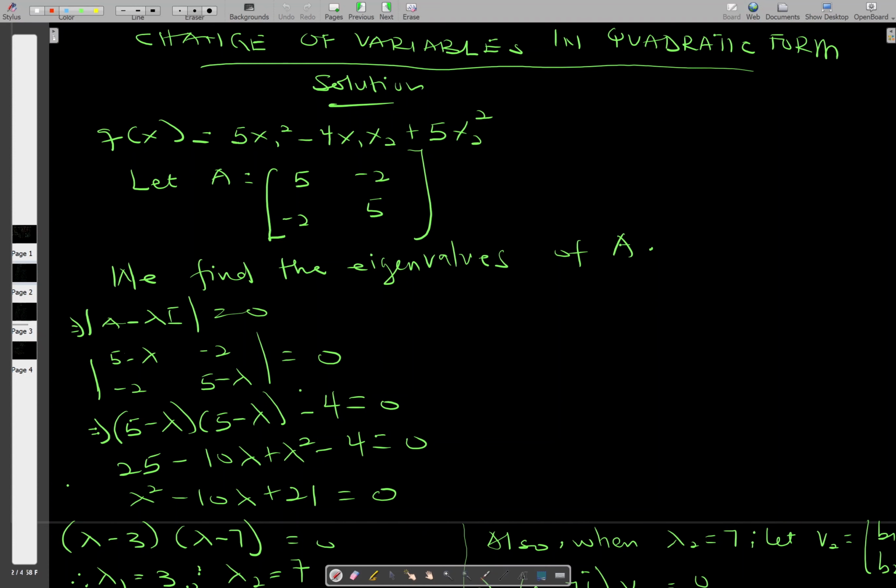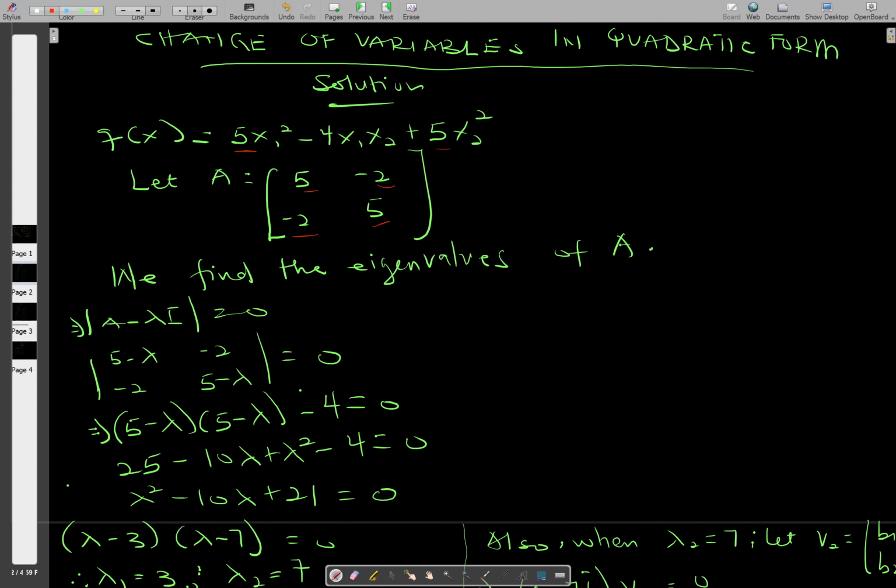So now we have this question. First of all, we generate our symmetric matrix A from this. So our matrix will be 5, we divide the cross term by 2, that's -2, -2, then 5.